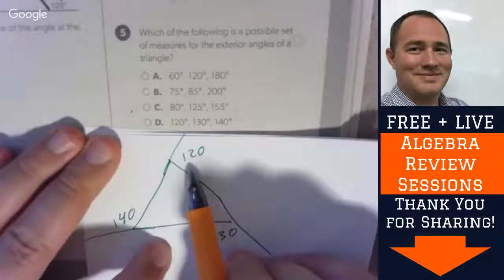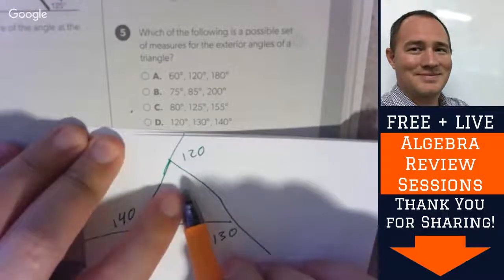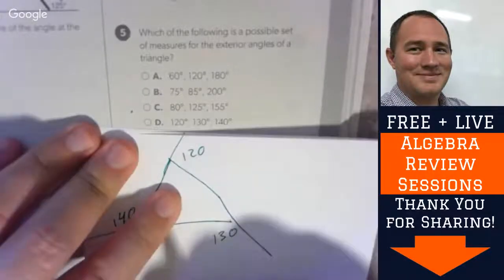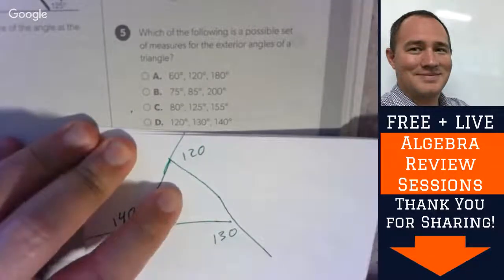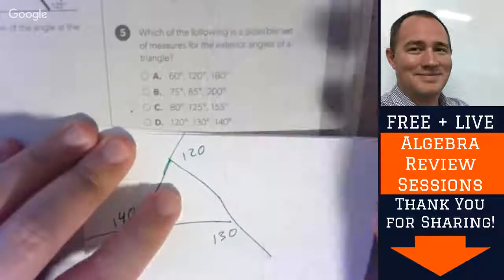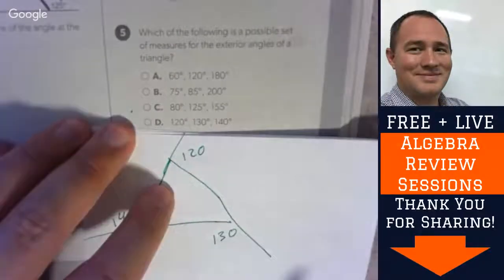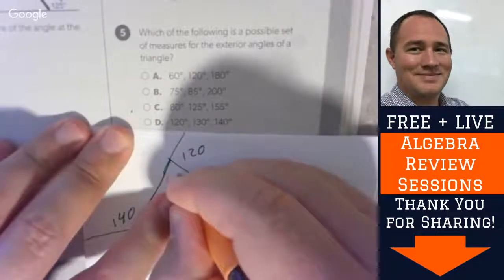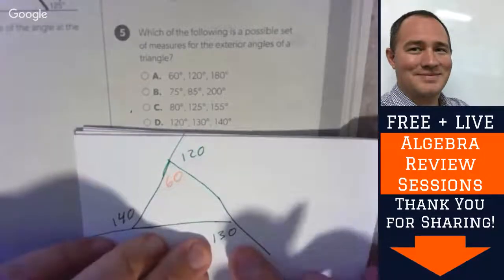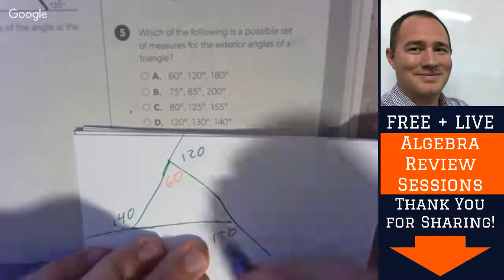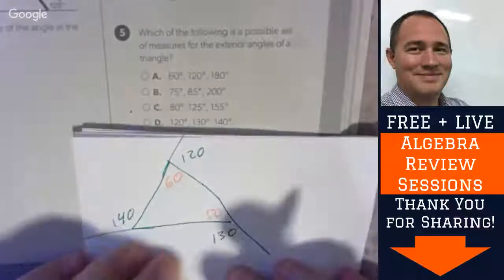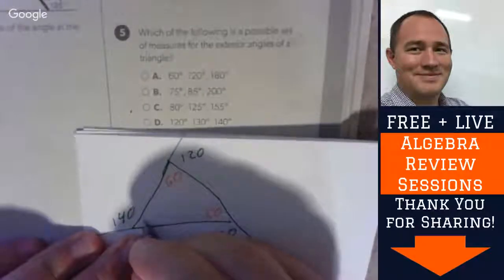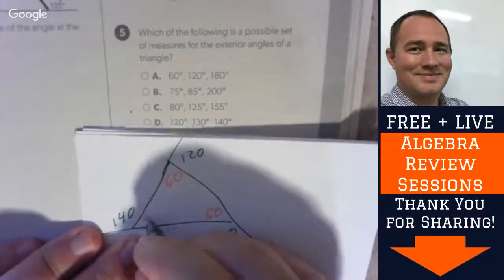So the supplement of 120 to make 180 here, 180 minus 120, that leaves 60 degrees left over here. The difference of 180 and 130 is 50 degrees. And 180 minus 140 is 40 degrees.